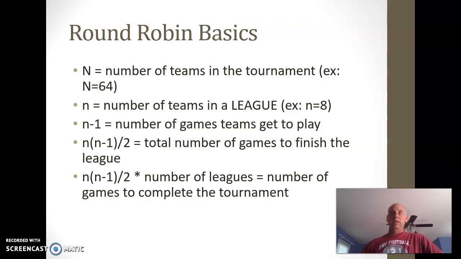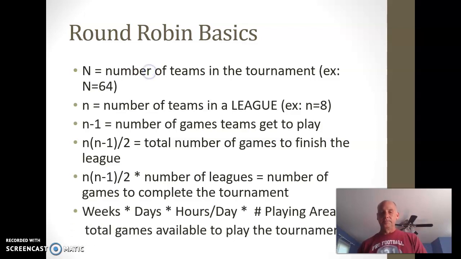So it'd be 8 times 28, which is 224 games. You get the idea: 28 times 8 determines how many games you're going to need to complete the tournament with all the leagues.